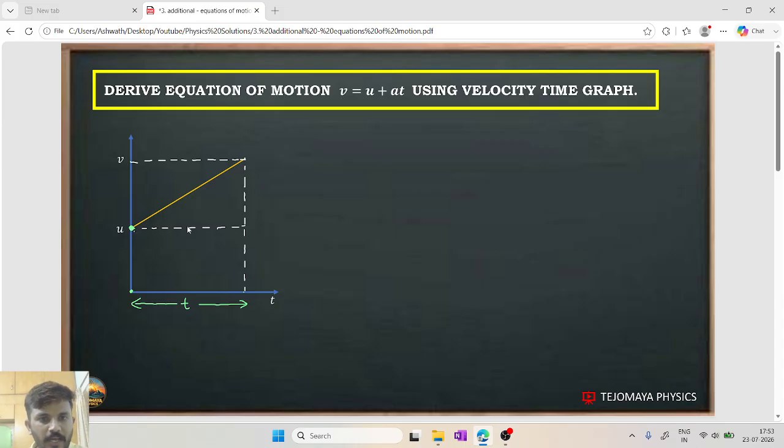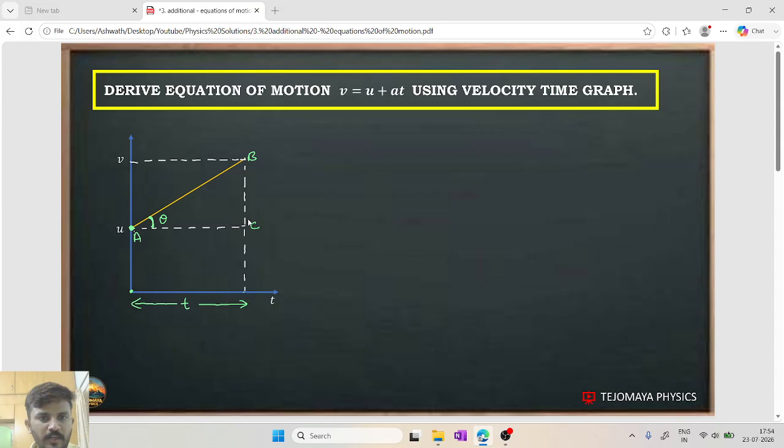I have drawn these dotted lines so that they will help me to find a few things like slope and other things. Let me take this right angle triangle ABC, where AB is making an angle theta with the horizontal, that is AC.